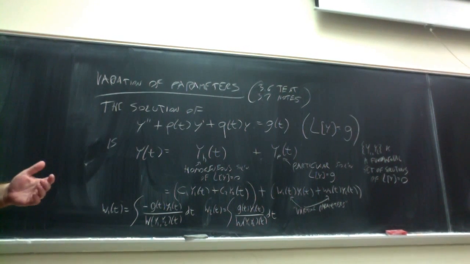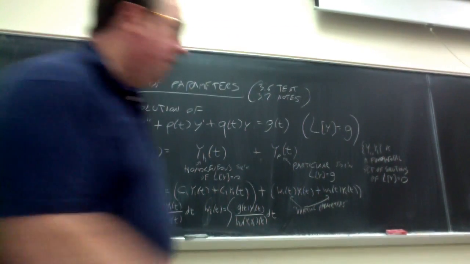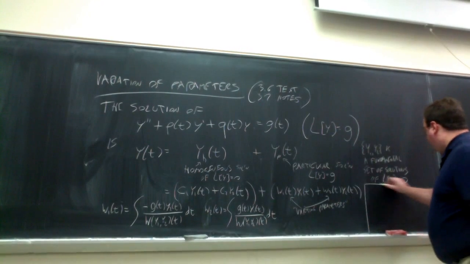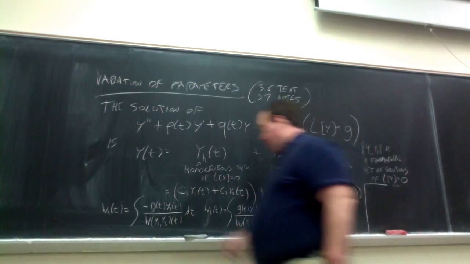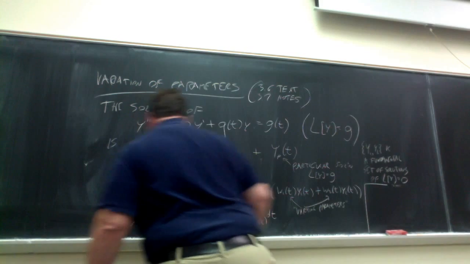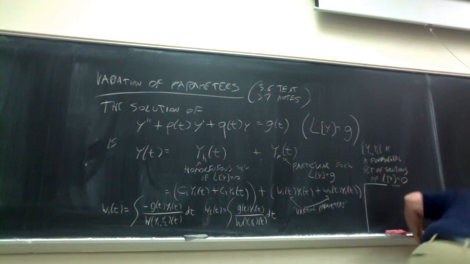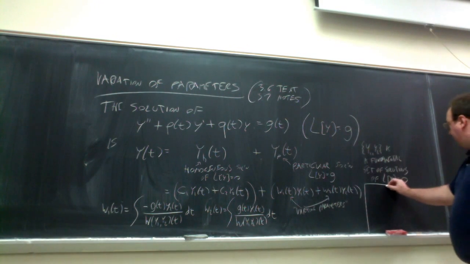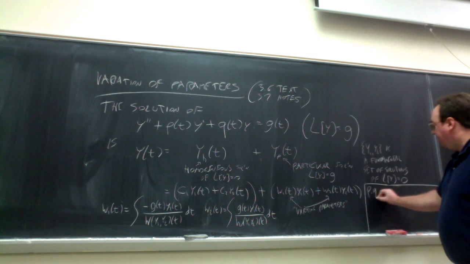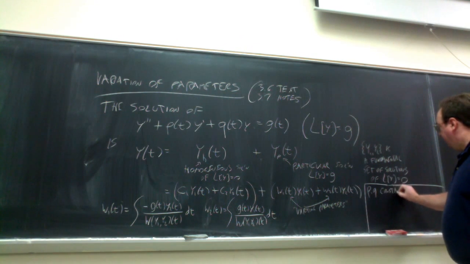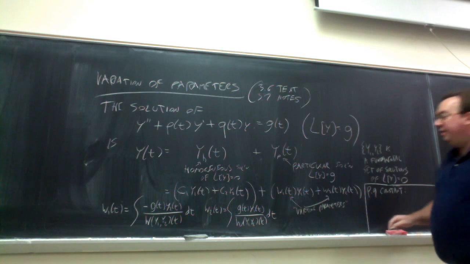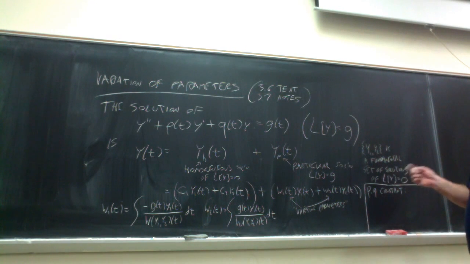But what we spent time on Wednesday was a special case of this, where p and q are constant. Then of course we know what y1 and y2 are in all the different cases, and then we know what the Wronskian is.